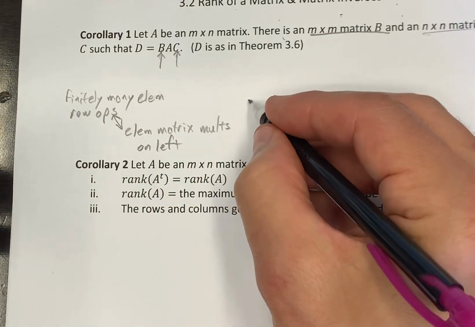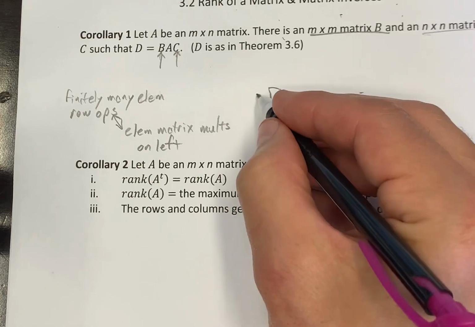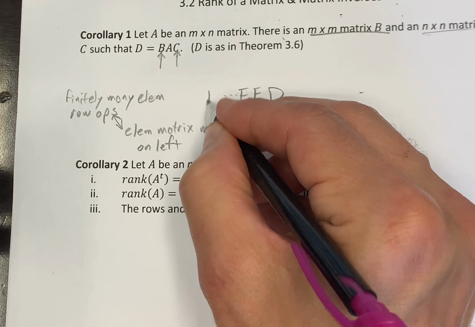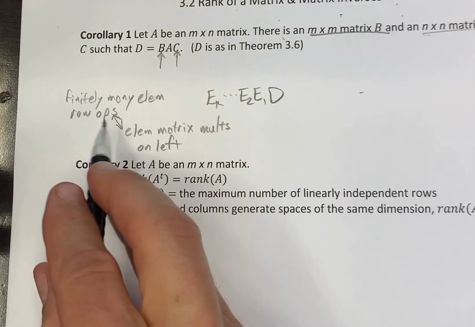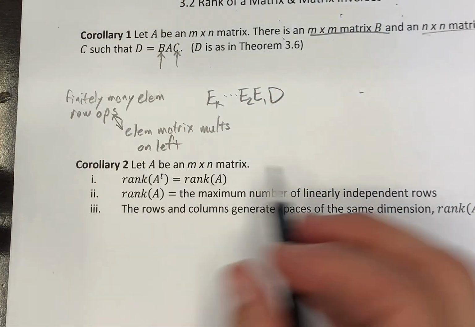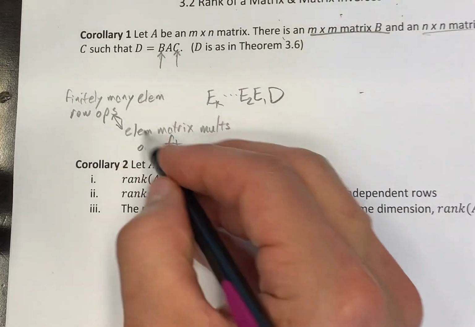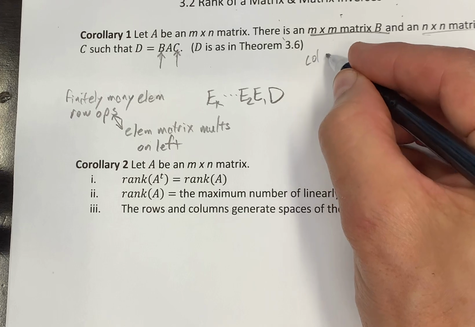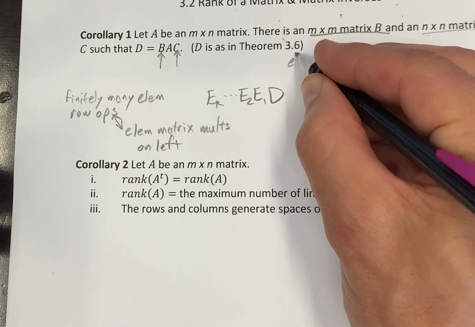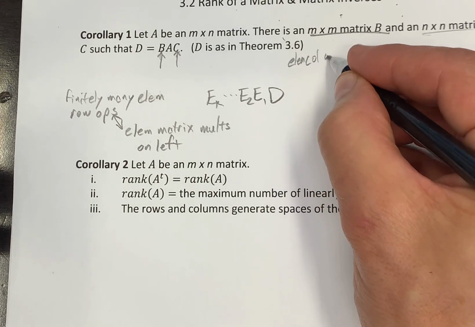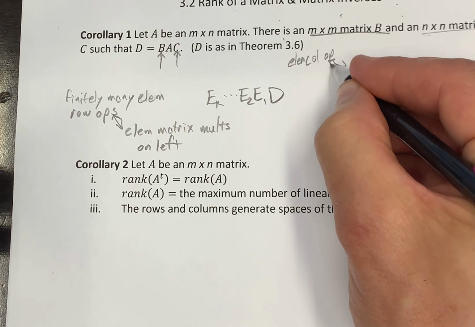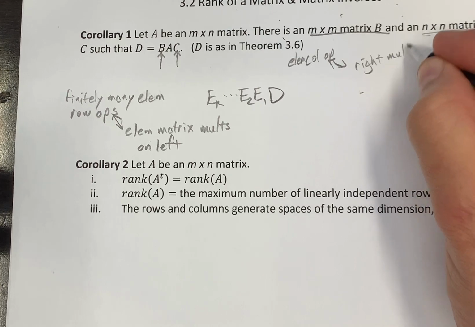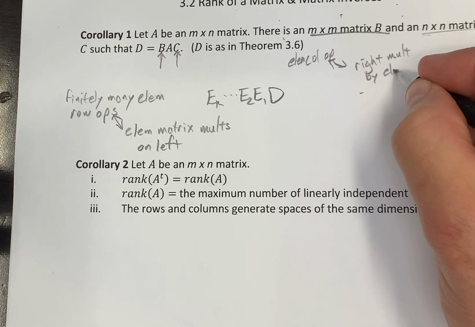In other words, if you took D and you had E1, E2 out to EK, those are in one-to-one correspondence with elementary row operations. And similarly, you have that same correspondence with elementary column operations and right multiplication by elementary matrices.